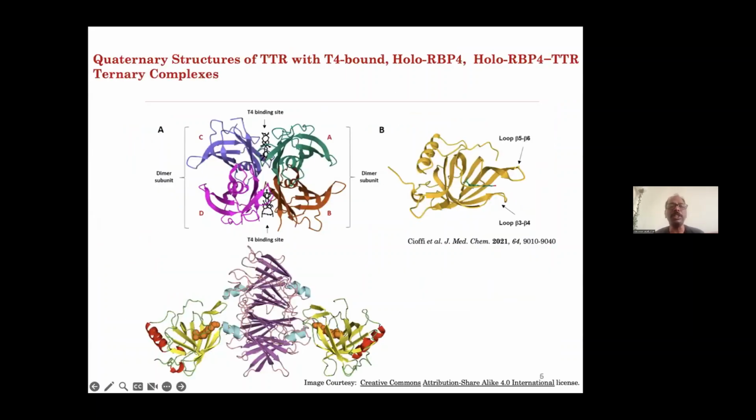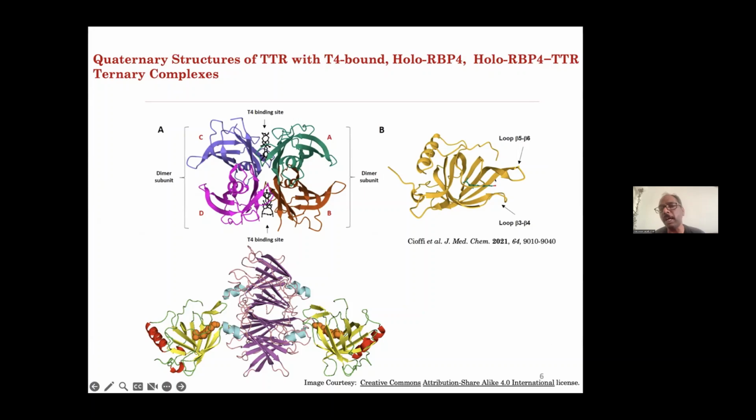This is the structure of the TTR. This is the T4 binding site, and A, B, C, D is the TTR tetramer. Here you can see the yellow color is the RBP4, and the green color is the retinol.